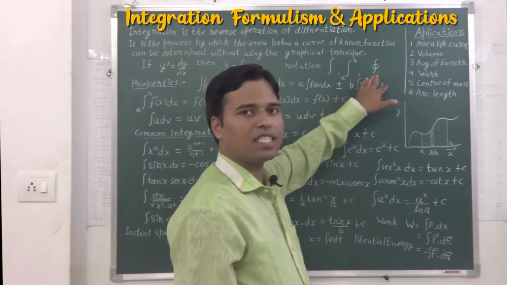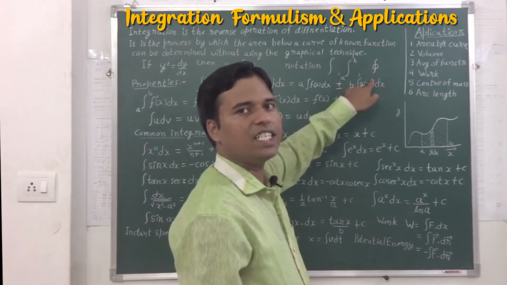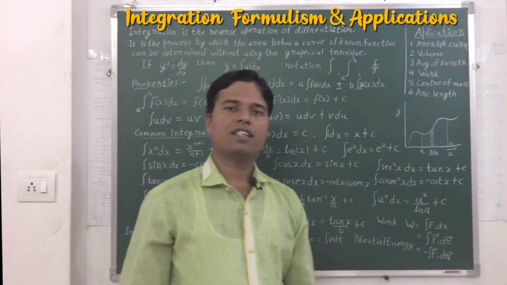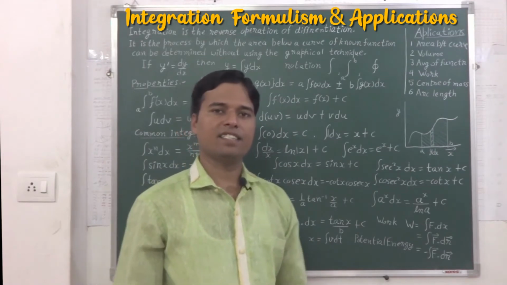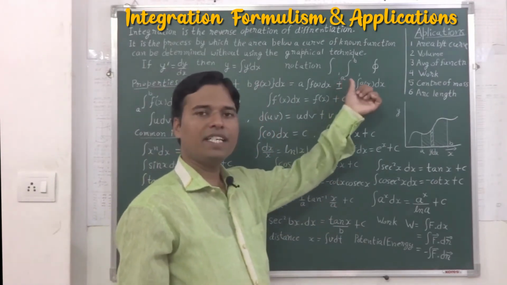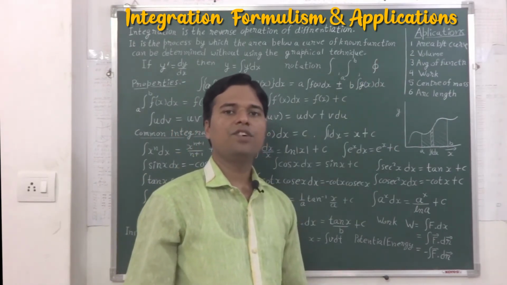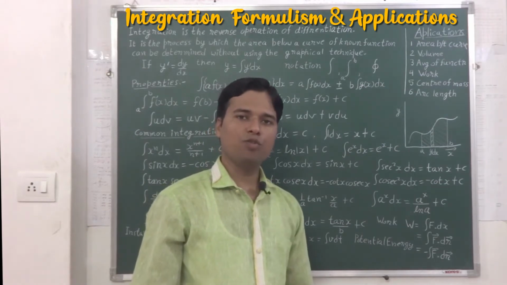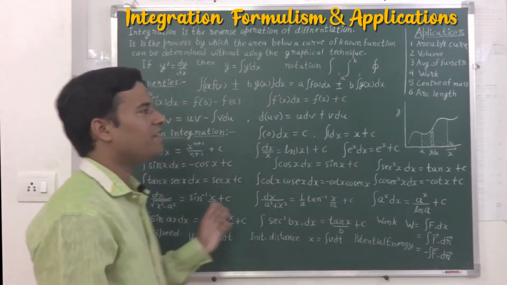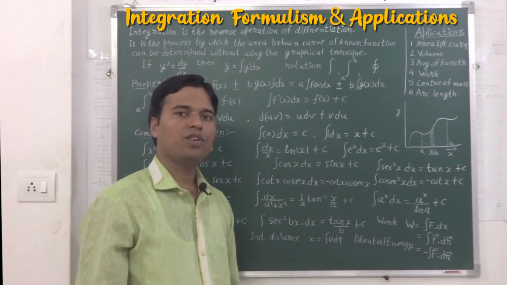In the same notation, if you use a circle here, this is for a closed interval integration, where the lower limit and upper limit are the same over a curve which is making a closed loop. We will use it in our physics derivations also.